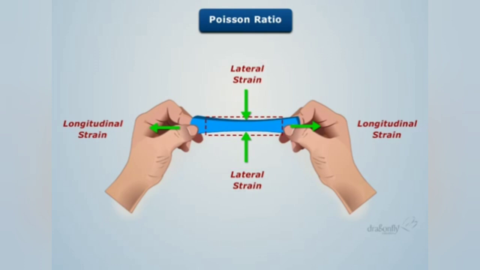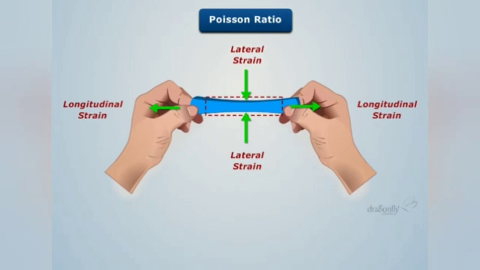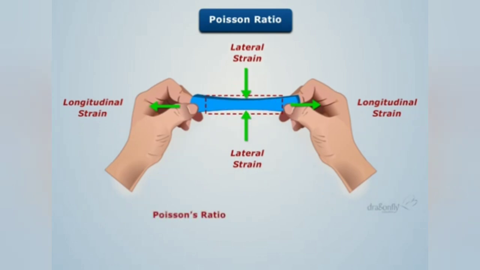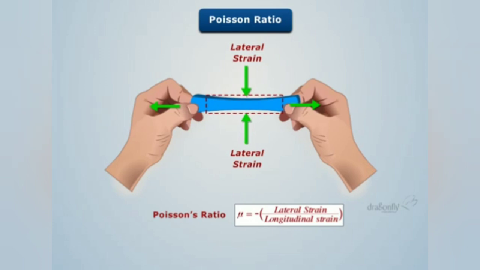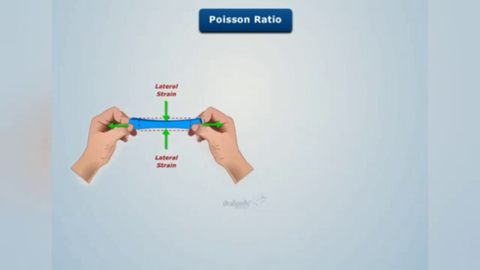Now, when we take the negative ratio between this lateral strain and the longitudinal strain, we get Poisson's ratio. Poisson's ratio describes the relative change in the lateral dimensions of an object when the load is applied in the longitudinal direction and vice versa. Poisson's ratio for some of the important materials are as shown.